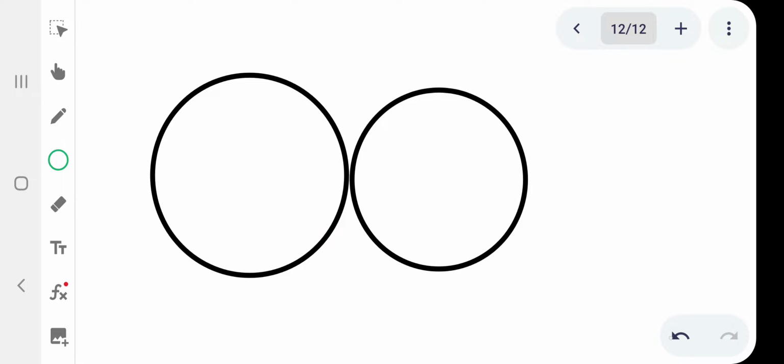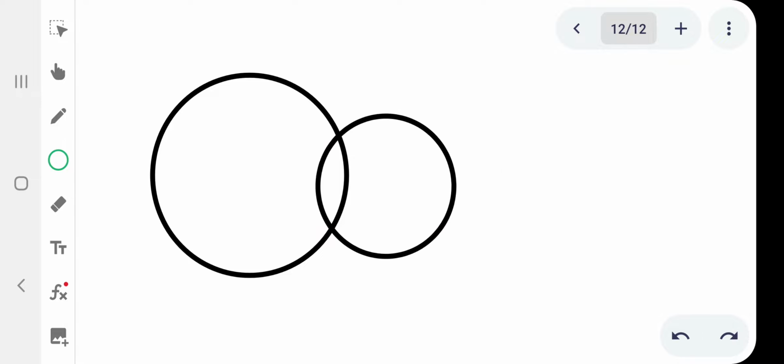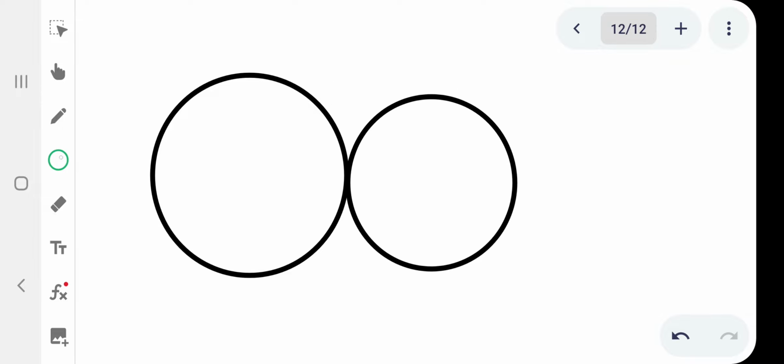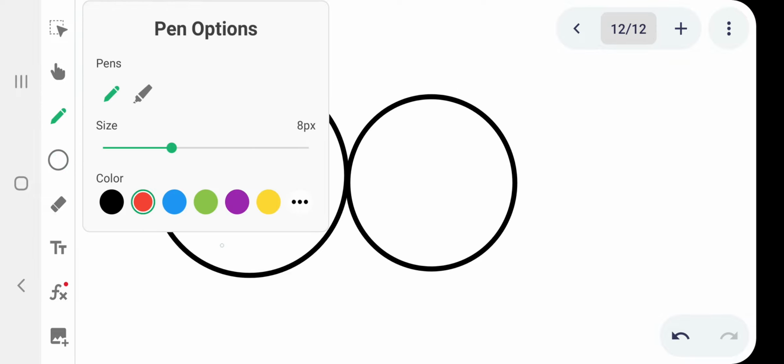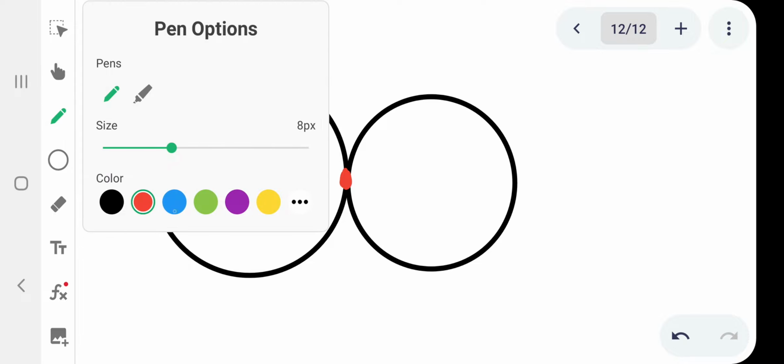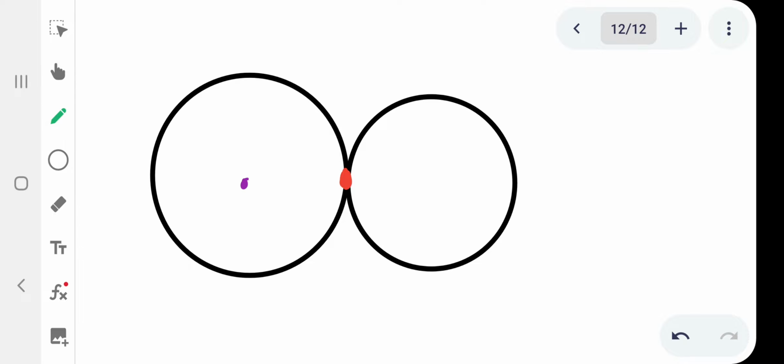Okay, they intersect at a single point, and the point we are talking about is that point, right? So in this scenario we have the center of circle A and the center of circle B, right?